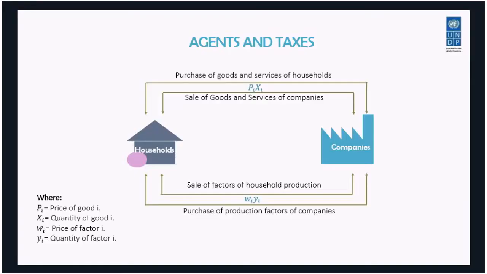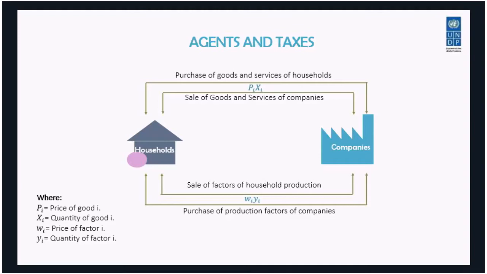So if you look at those relationships, it depends on the type of tax. But if you look at that relationship on the top of the figure, the P times X is basically price per quantity, right?